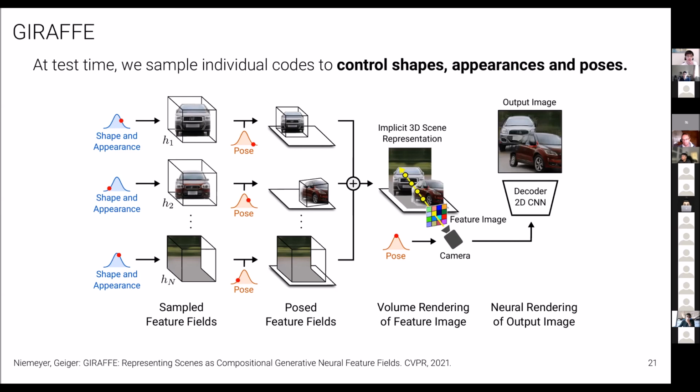I also have a quick follow-up question on this. Is there any way to deploy some explicit controls over these implicit representations? For example, if you want to edit part of the scene using a NeRF, how would you do that? Well, here we try to do that by decomposition into individual objects.